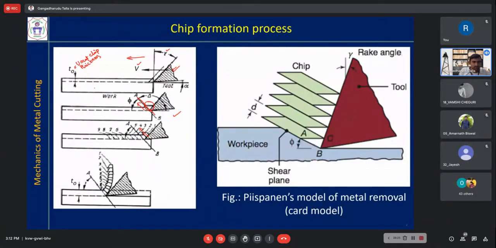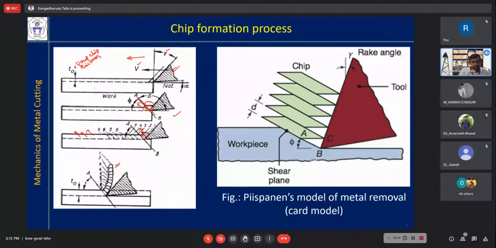Now, within that time, tool will further advance and it will move a little bit, and this will come up in this direction. So slice by slice, the material is moving in this direction. Okay. So ultimately, you will get this kind of chip. This chip is showing the serrated type of chip.